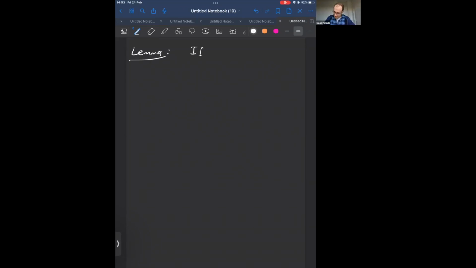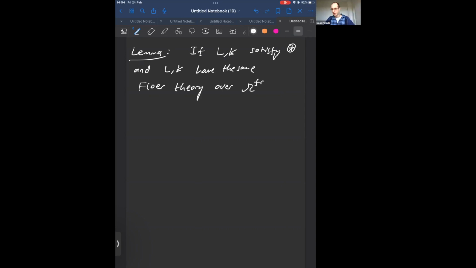If L and K, once again, are closed exact Lagrangians in the Liouville domain, and they satisfy star, which, remember, was this strong orientation or strong tangent bundle hypothesis, and if L and K have the same Floer theory over the frame bordism ring, so said differently, this means they're isomorphic in this spectral Donaldson-Fukaya category, then they actually have the same frame bordism class.